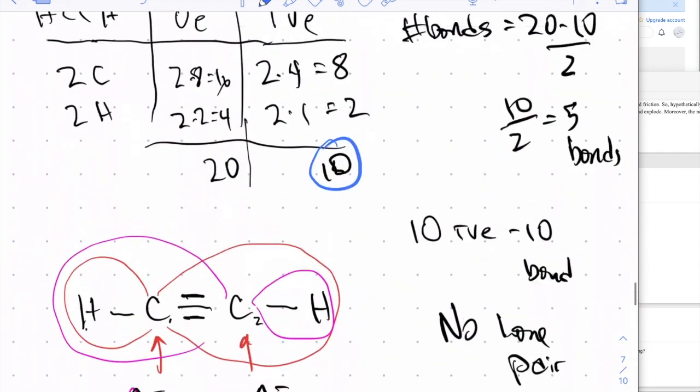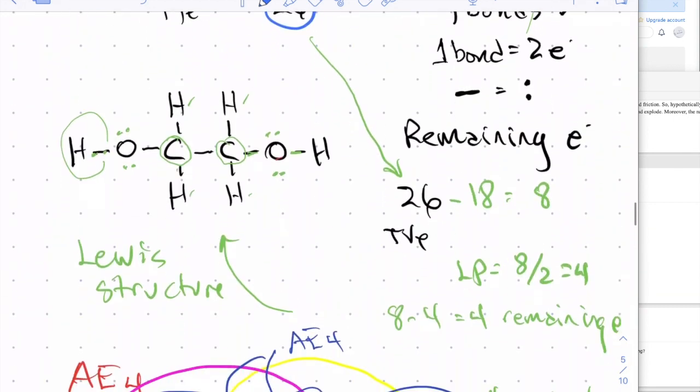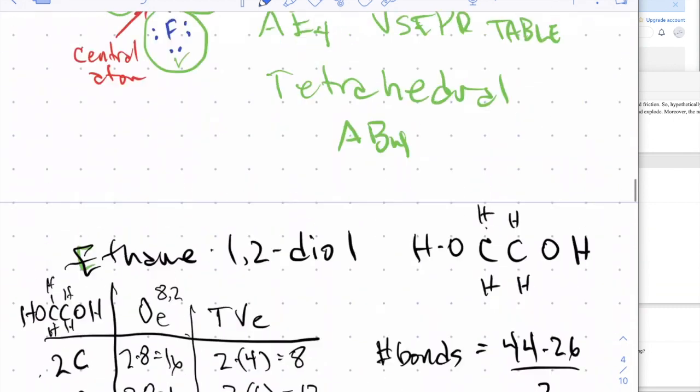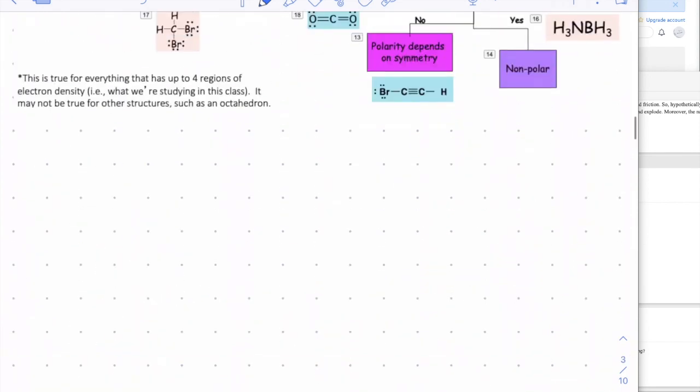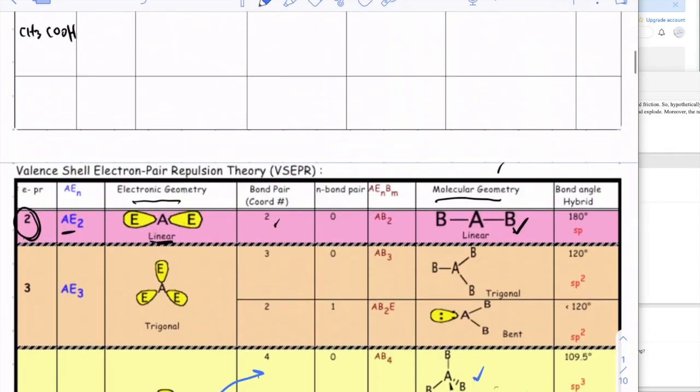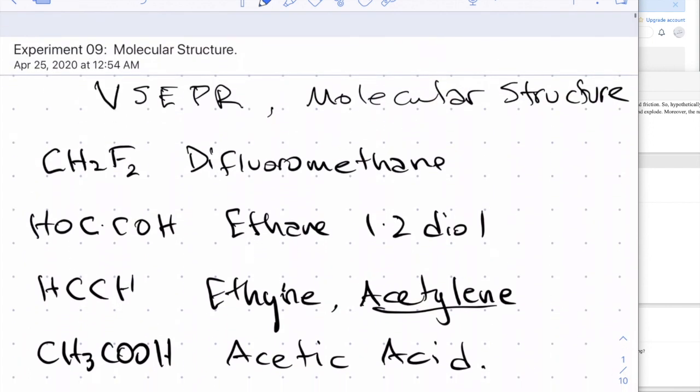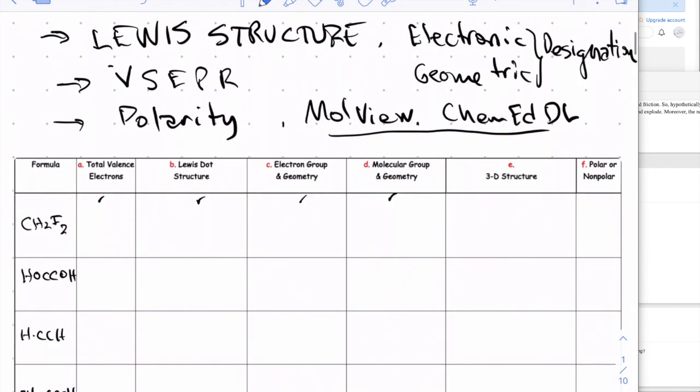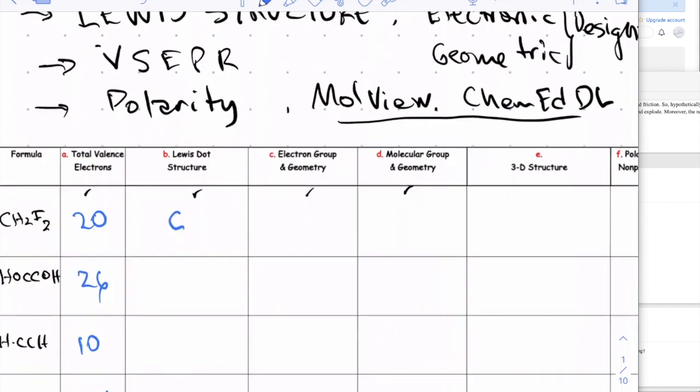So we have in this particular chart 20, 26, 10, and 24.